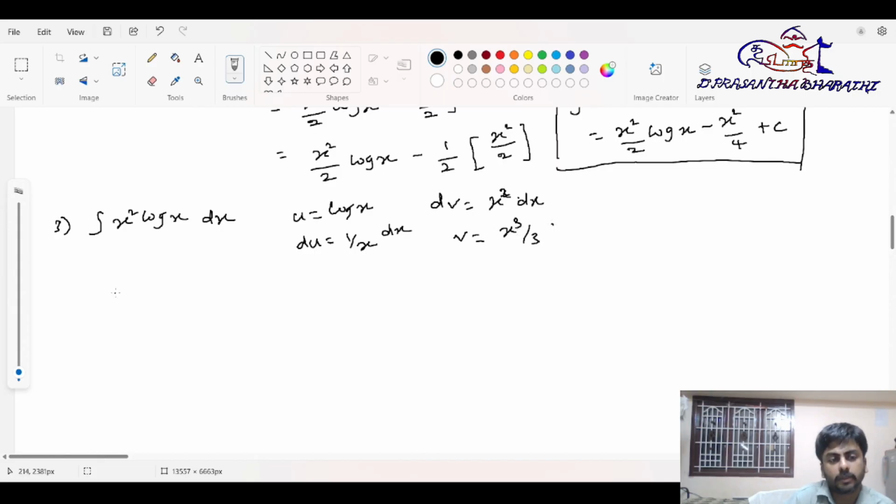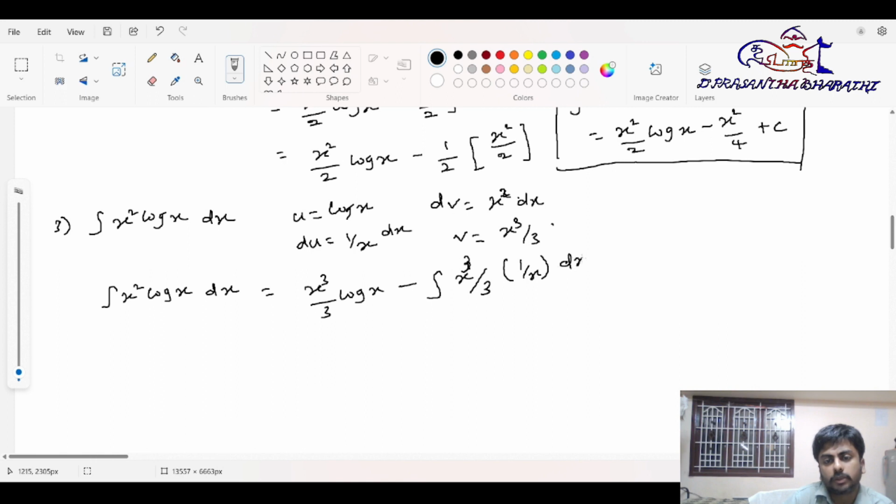So the formula is integration of x square log x dx equal to uv, that is x cube by 3 into log x, minus integral v into du. V into du means integration of x cube by 3 into 1 by x dx.